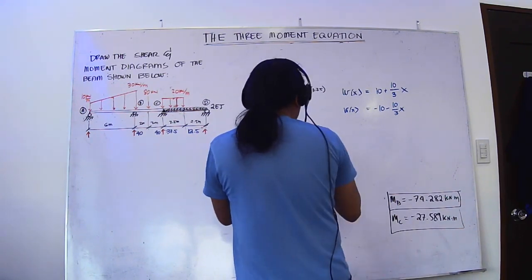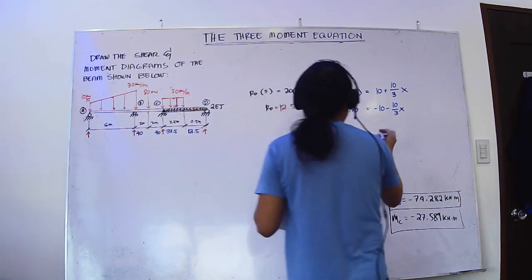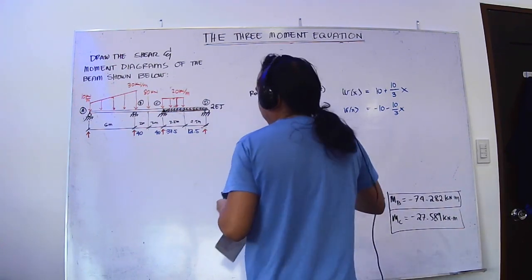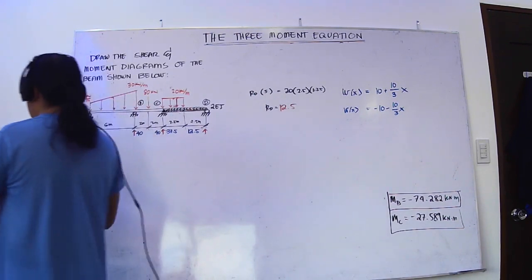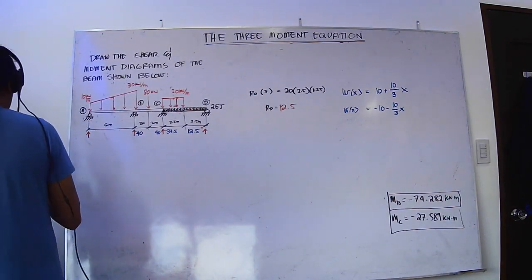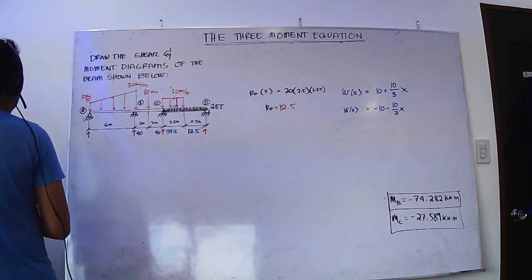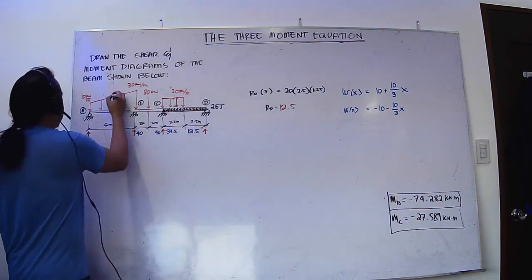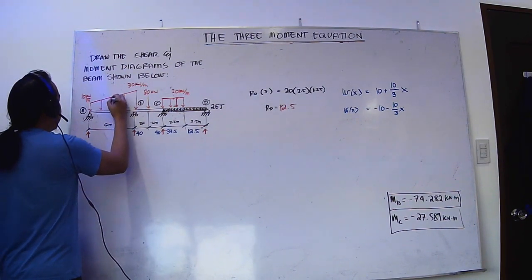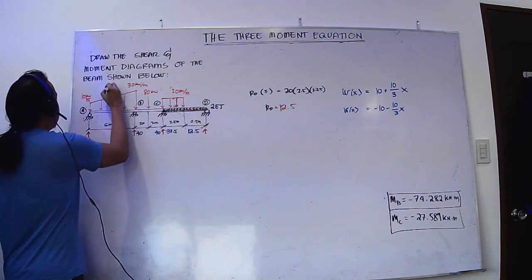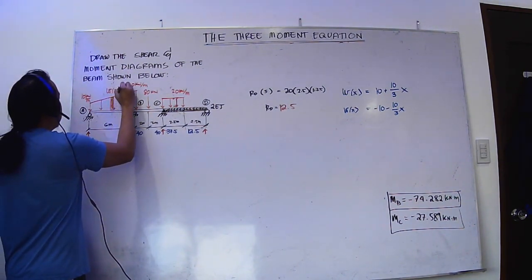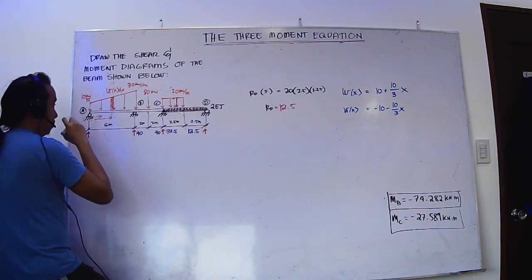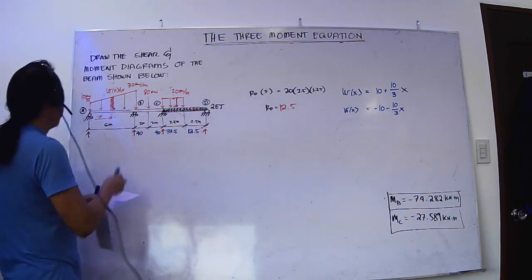I want to know the reaction at B. Going back to the integral, this is w dx times x, the moment arm.